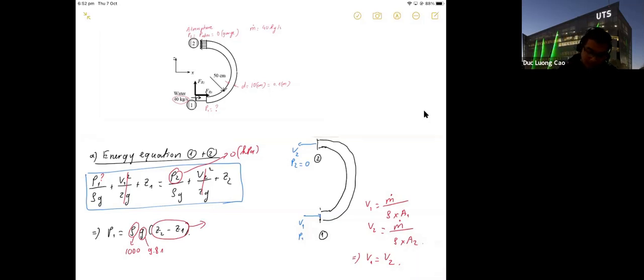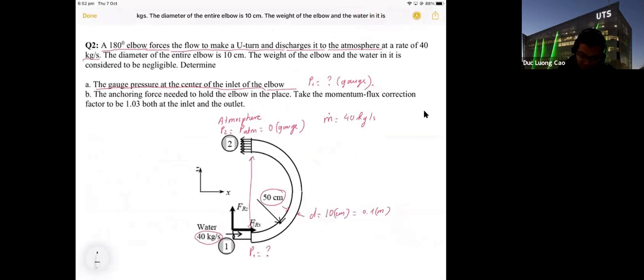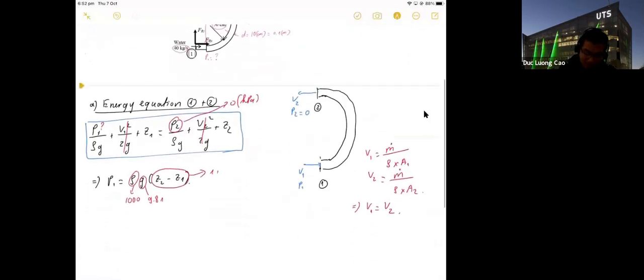This radius is 50, so this distance, Z2 minus Z1, will be equal to 2 times 50, or 100 centimeters, or 1 meter.